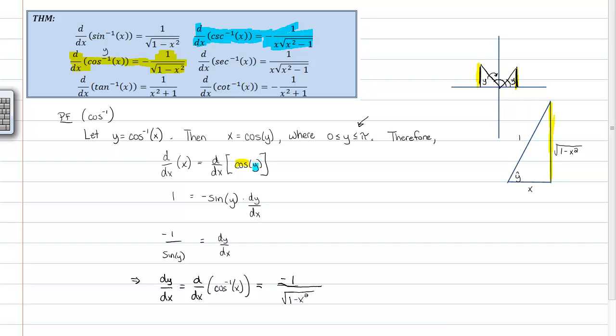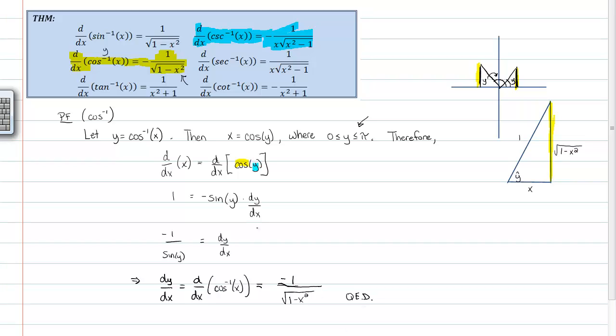I use the fact that the vertical portion there is positive to say that, well, I don't need to put a negative sign here. I don't need to guess. I know that this is positive. So it's negative 1 over the positive square root of 1 minus x squared, which, by the way, is exactly what we wanted to prove. So that proof is done.